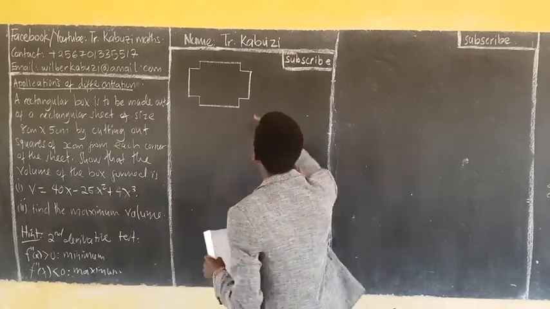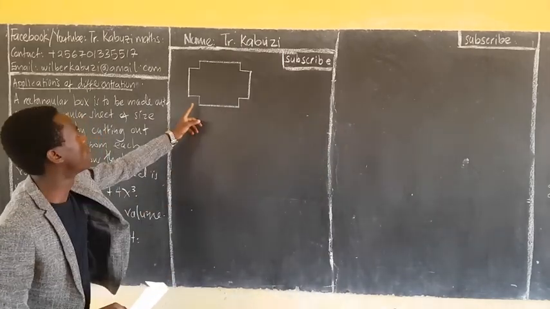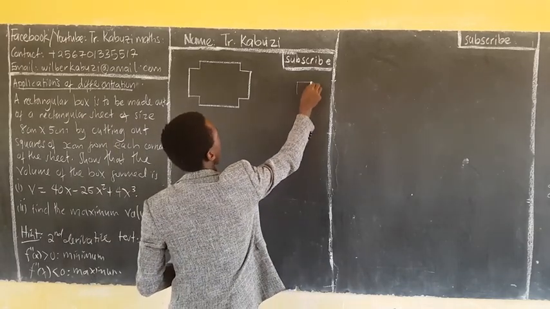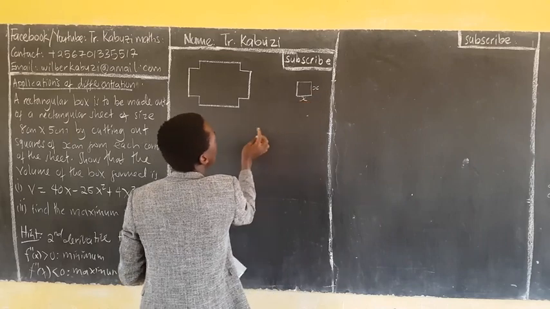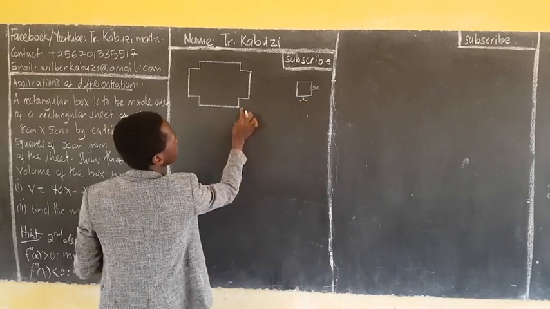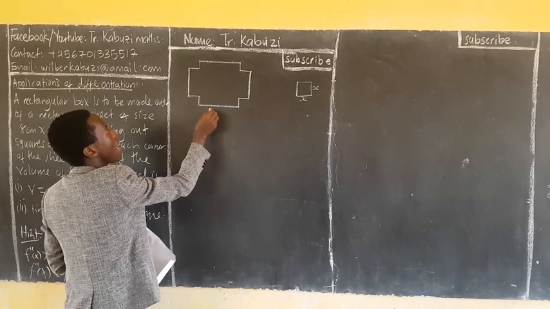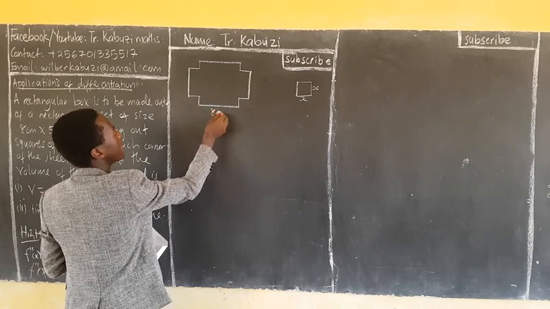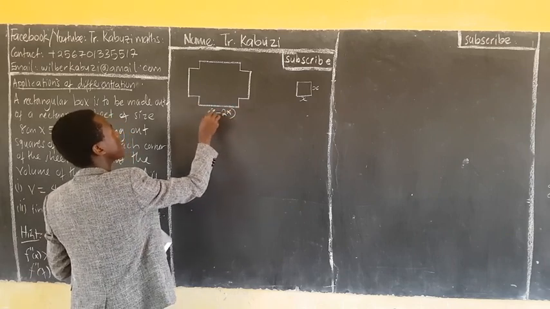So if the length here was 8 centimeters, but if I remove x, because the square I remove had side x, because this is x and this is x. So if I remove x from here and x from here, the remaining length here is going to be, because the total was 8, 8 minus 2x.